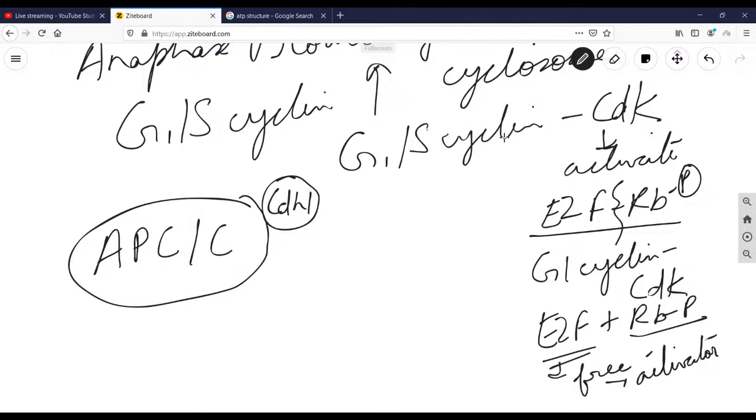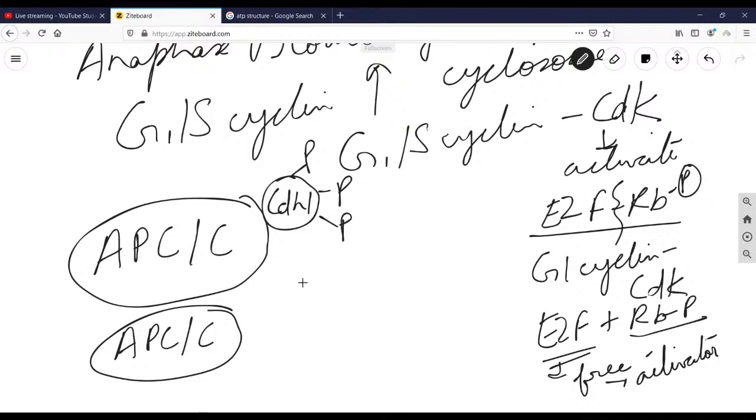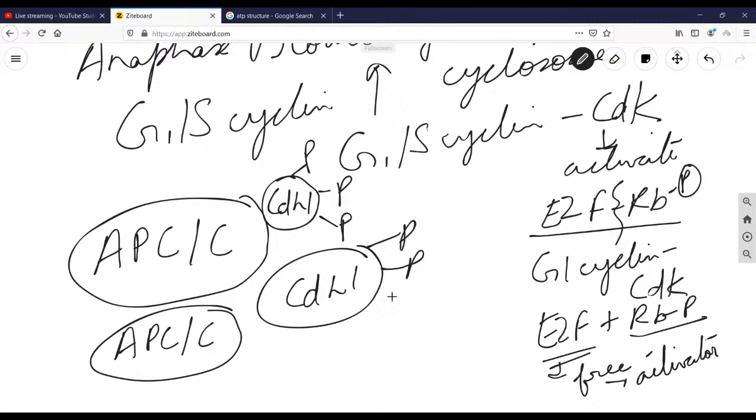Now here G1/S CDK is active. This will phosphorylate CDH1 at multiple protein residues. After this phosphorylation, the same way like RB got dissociated, it will get dissociated. Now CDH1, after it has been phosphorylated, will get dissociated from APC/C.